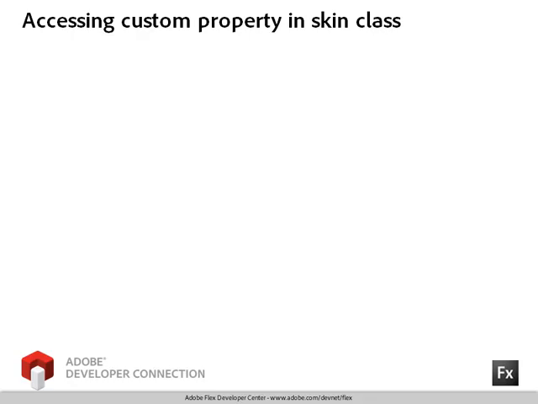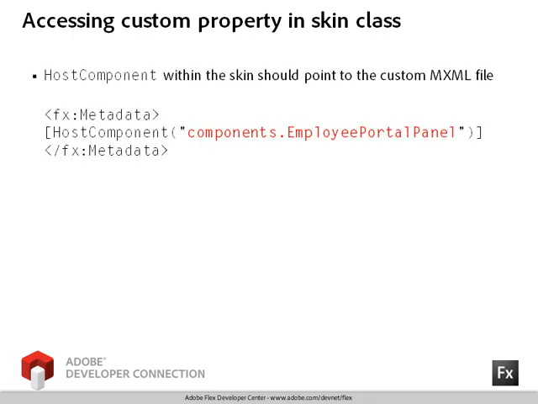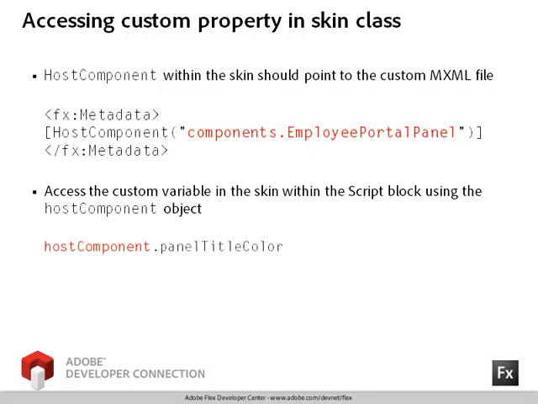In the skin class, I will first need to modify the host component metadata directive to make the skin contract with the custom component rather than the Flex Framework component. Now I can access the custom component property, in this case panel title color, by referencing the host component instance. Notice the lowercase h in host component.